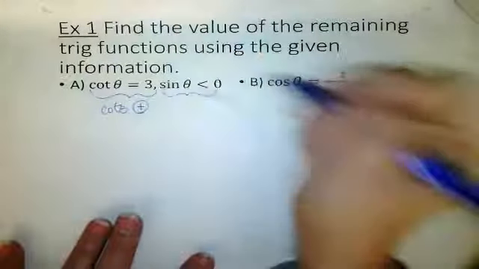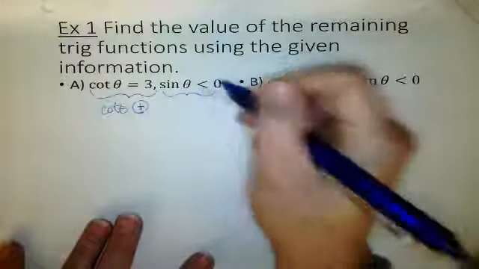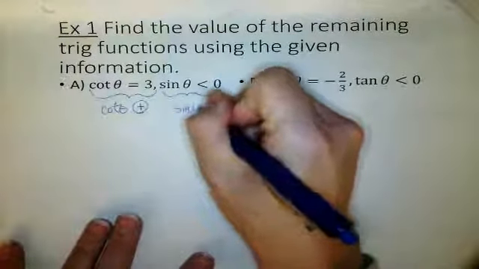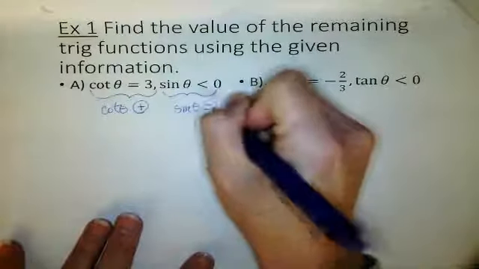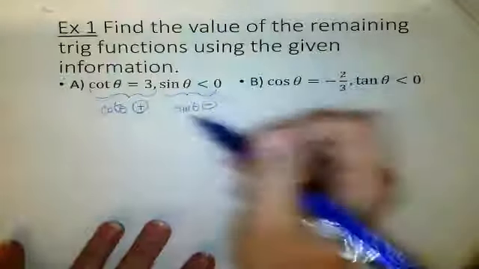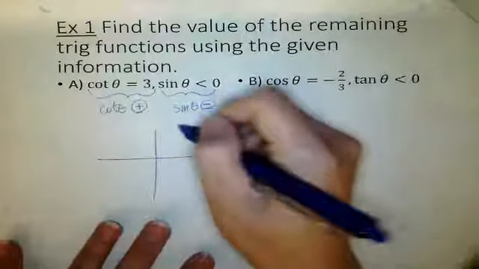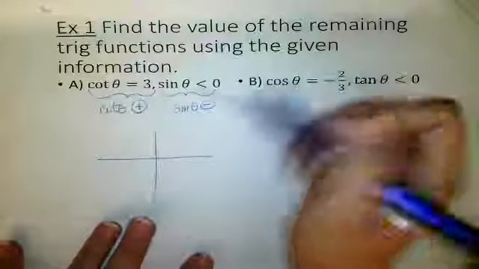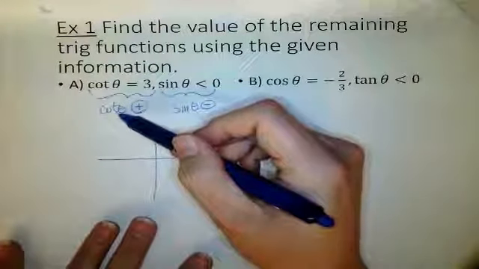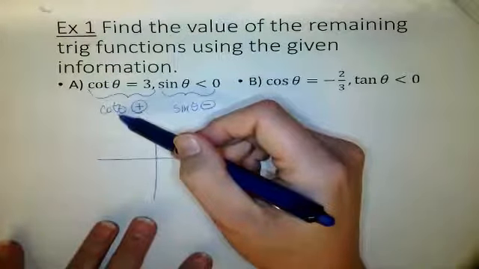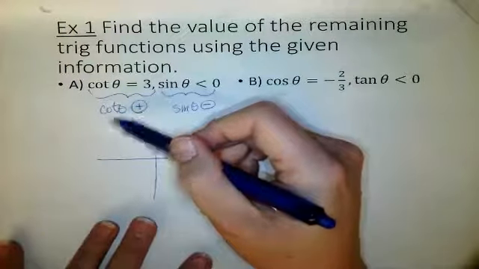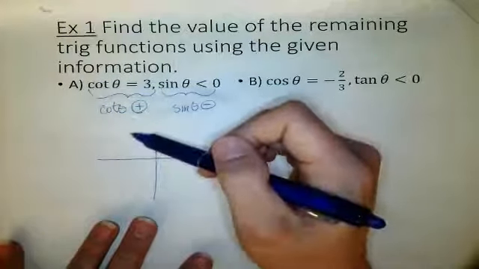Here, this information, sine of that angle is less than 0, which really means that sine of the angle is negative. So we need to figure out where that is. How do you find cotangent, first of all? X over Y.